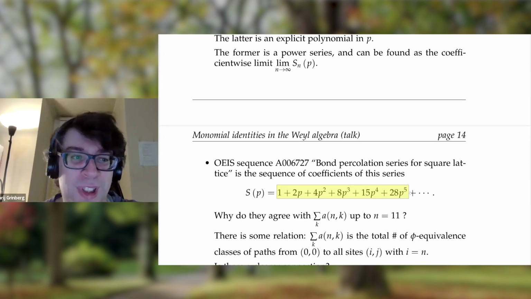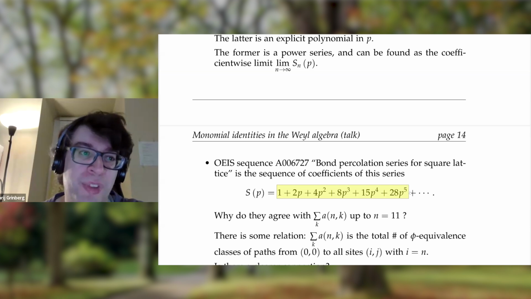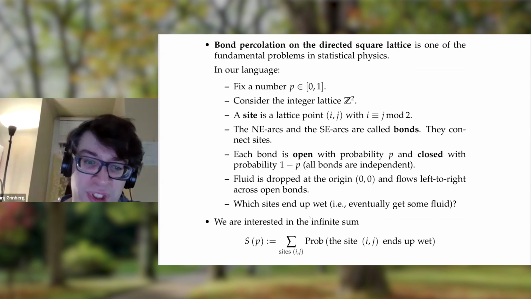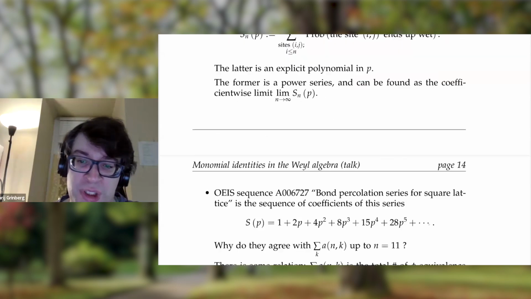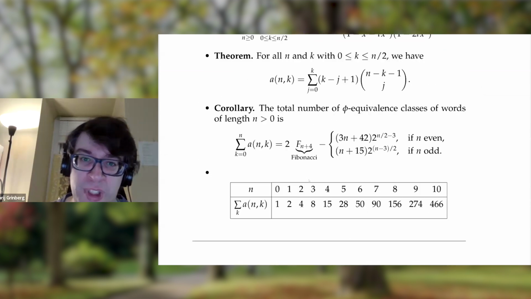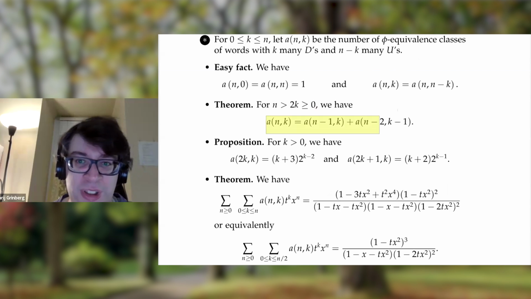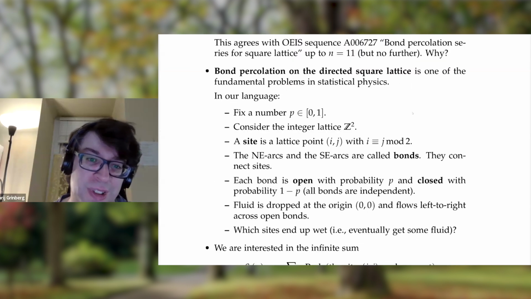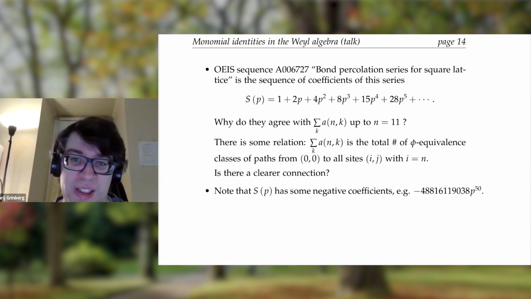What's going on? Well, we don't really know. There is some similarity. There is a recursive way to compute these probabilities, which is called, what is it called? I call it dynamic programming, but it has a different name in physics. Anyway, this recursion is somewhat similar to that recursion, and in a way, this bond percolation is like a probabilistic version of counting those words, but it's not clear what the exact relation is.